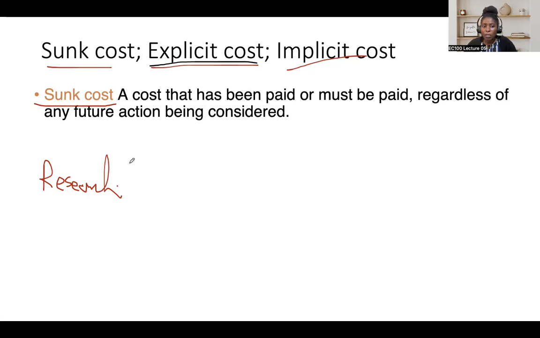So let's say you spend 10 million on research for a certain type of building material that you want to introduce because it's very weather friendly. It's going to transform the entire industry, as far as the green economy is concerned and things like that.